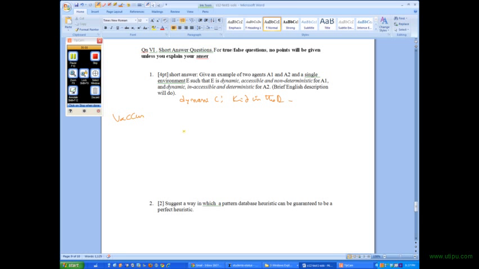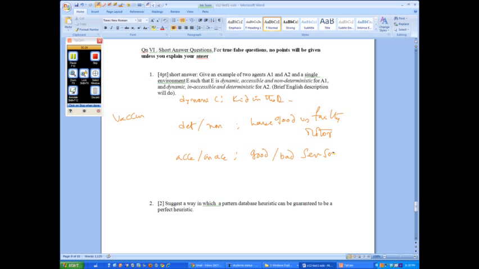For non-deterministic, have good versus faulty motor. Then accessible, inaccessible, you have good versus bad sensors.